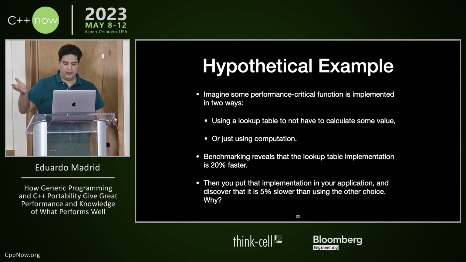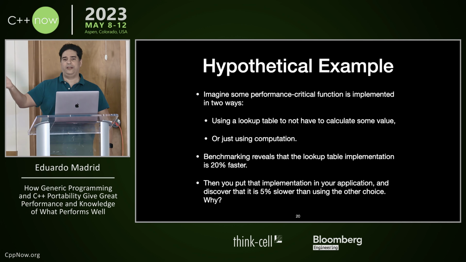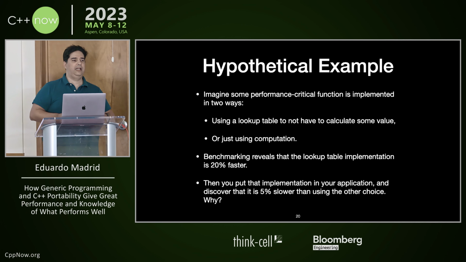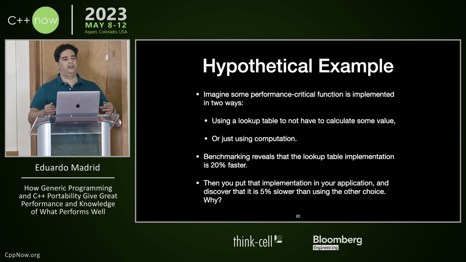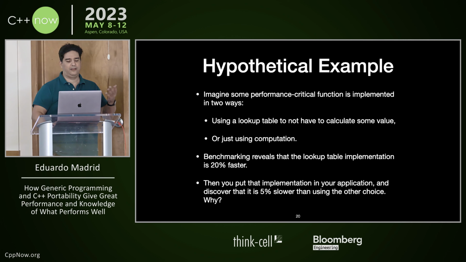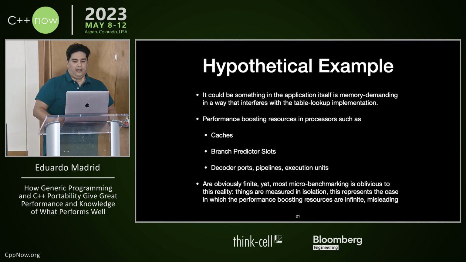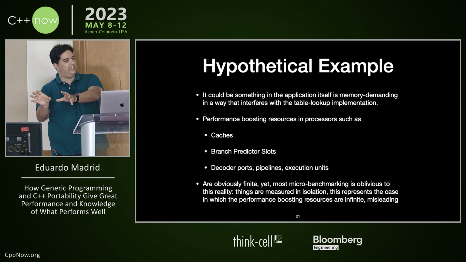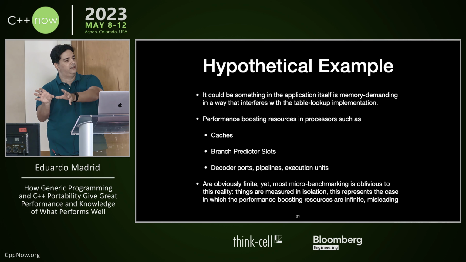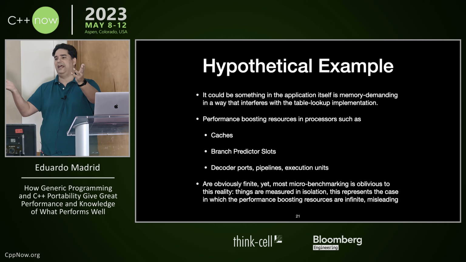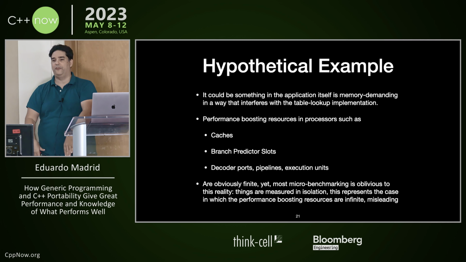And then you put that choice into your application, and it turns out that it is, on the whole, 5% slower. It's very easy to see why this might happen. If the application itself has some component in it that is thrashing the memory, then it is thrashing the performance of the lookup table as well. So you have an interaction, and the net performance drops.